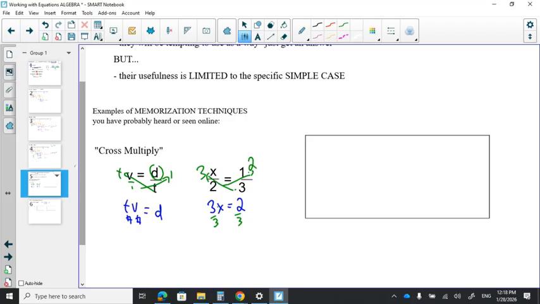So once that's gone, we end up with x equals 2 over 3. Well, instead, I could have just said x over 2 equals 1 over 3. All we needed to do is get rid of that divide by 2, right? So get rid of that divide by 2 by multiplying by 2, right? And that gives us this answer directly, one step only. So it boggles my mind that people say cross multiply so much. Just algebra rules, man. That's all you need.